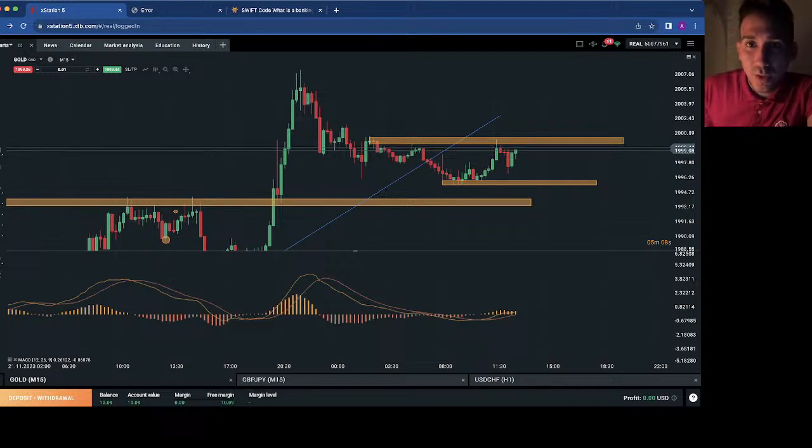The open of the next candle is now going up, as you can see, really clear. It might be a strong movement.